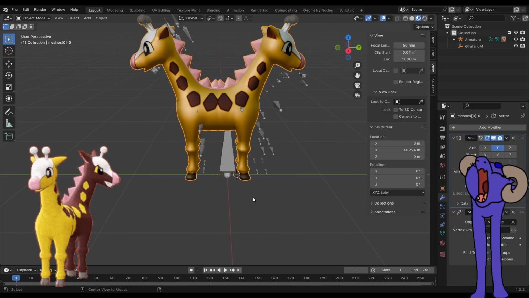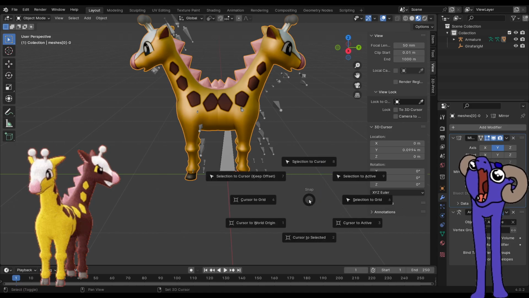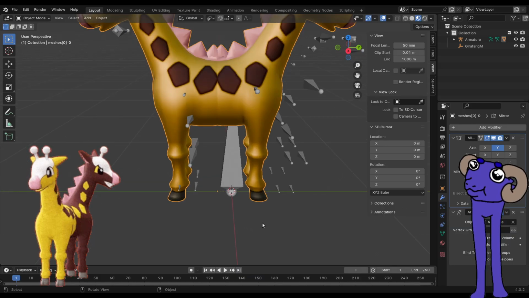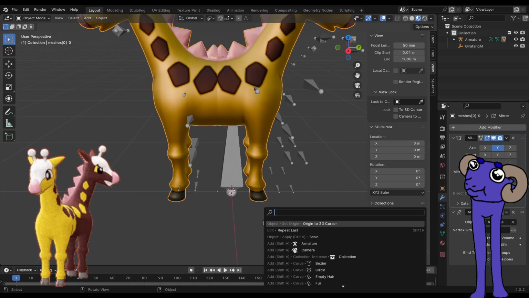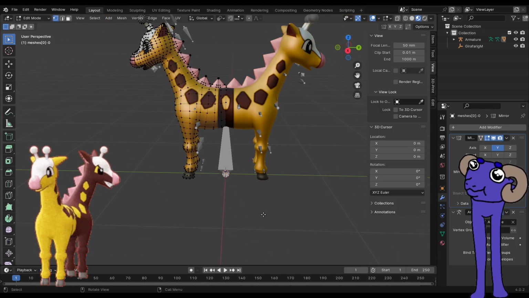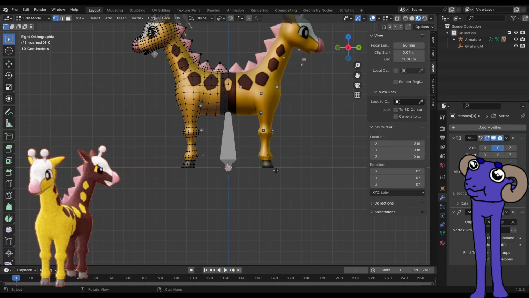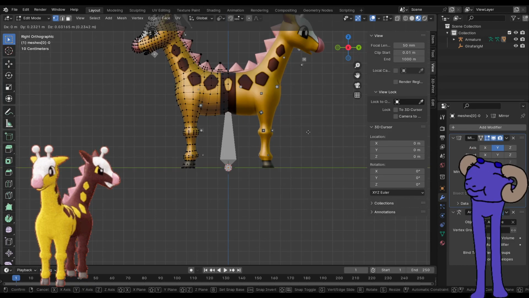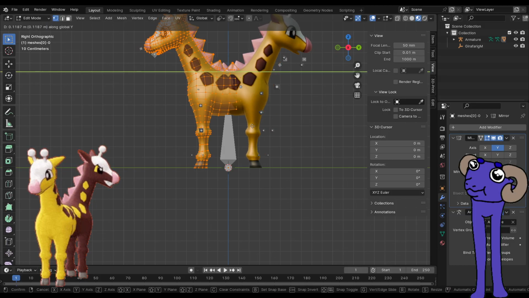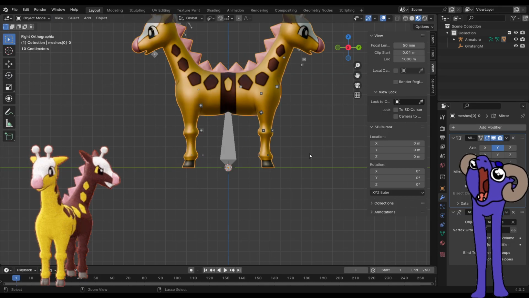Oh, I know why. So we're going to send back to the world origin. And origin to 3D cursor. I have no idea why that's being weird.